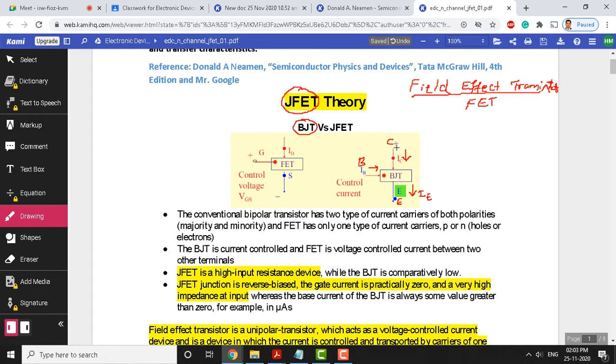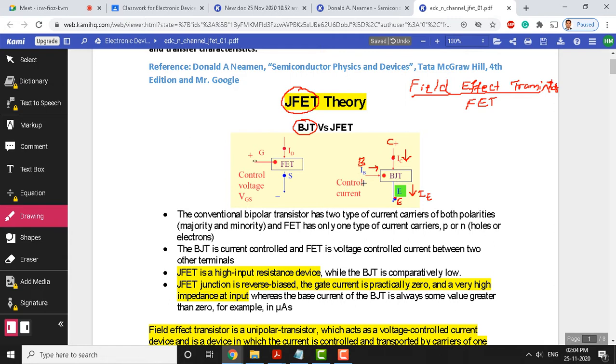Between collector and emitter, we can control the current flow by having current in the base terminal. So, base current is used to control the current flow between emitter and collector terminals.